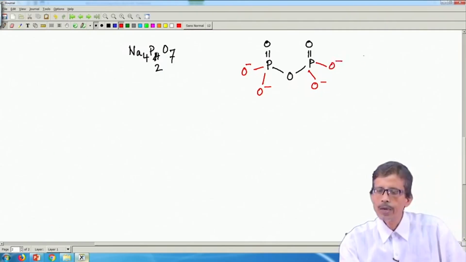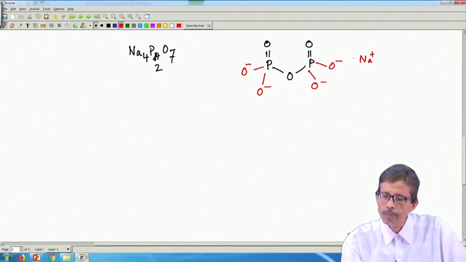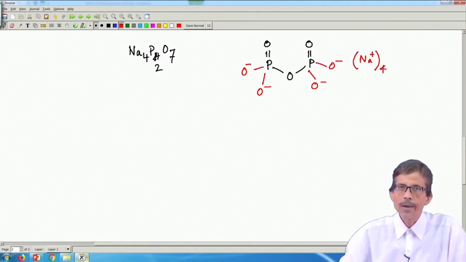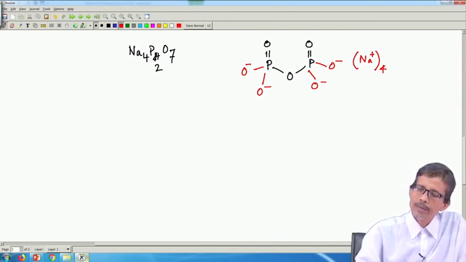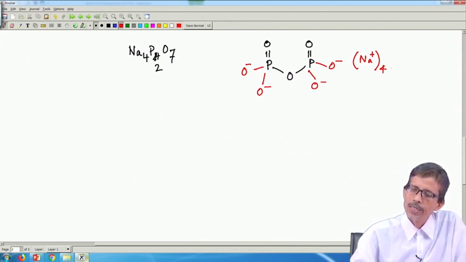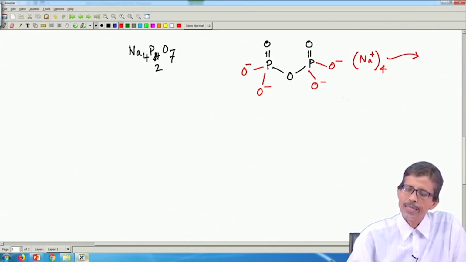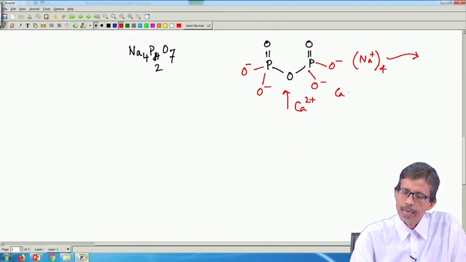When you have these sodium ions, Na plus, 4 such sodium ions will be present over there, and it is highly soluble in water because it is fully dissociated, the sodium ions will go and be available as the hydrated form of sodium. But if we use calcium, it can get in with this particular structure, so it can quickly interact with these 2 oxygens to give you the corresponding calcium salt.